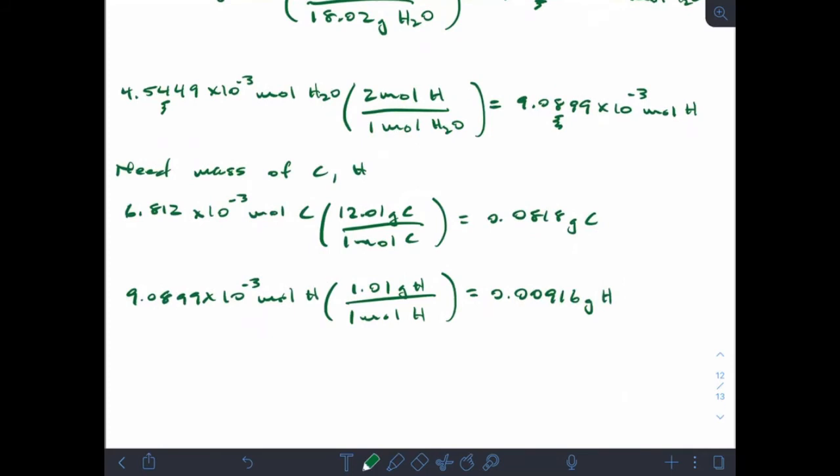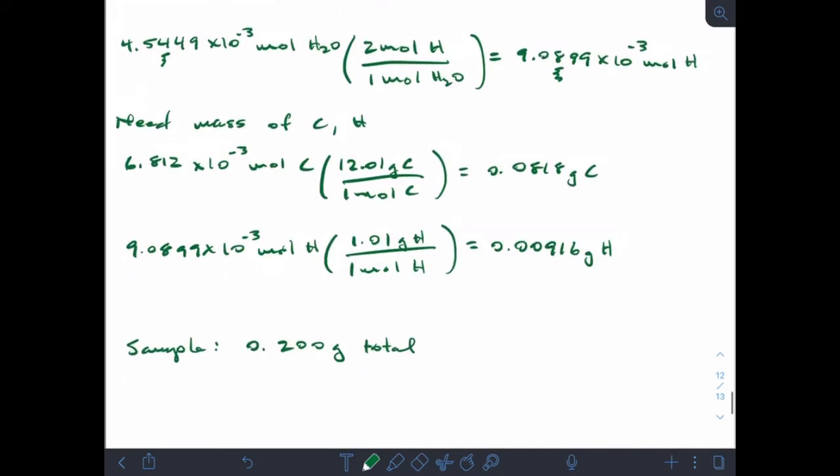Right, now our sample, we were told in the problem, was 0.200 grams total.